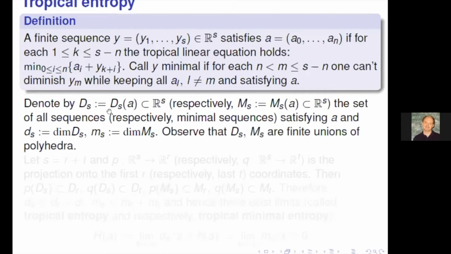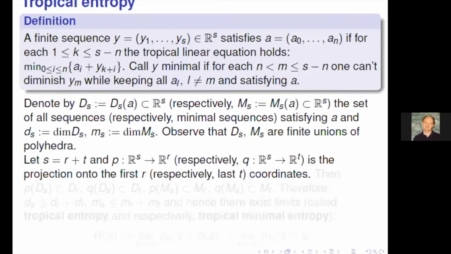Actually, because they satisfy tropical conditions, actually some linear inequalities, they are finite unions of polyhedra. In the tropical world they are called tropical prevarieties. Let's do the following.